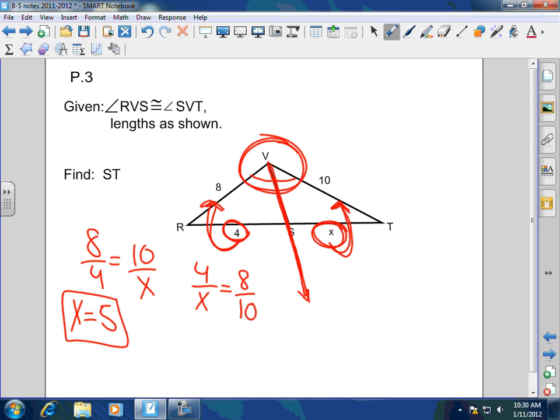So 8 to 4 is going to be equal to 10 to x, or 4 to x will be equal to 8 to 10, or you could also do 4 to 8 equals x to 10. Any of those combinations using the means extremes theorem, we could switch them around, and we're still going to get the same answer. Does that make sense? All right, boys.